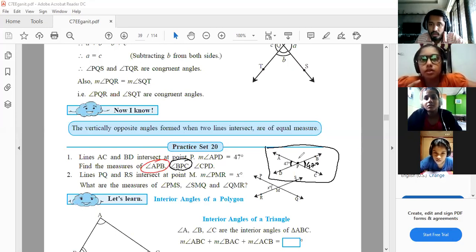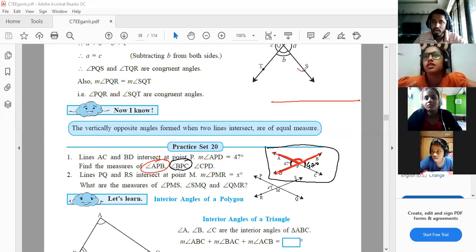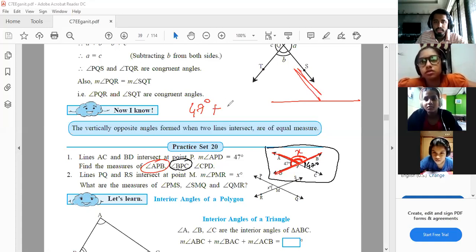We have to find APB also. Where is APB? Here. But APB is nothing but a linear pair. You see here, there is a straight line. A straight line measure is 180 degrees and a linear pair is formed. So if this is 47, we can find this one, because 47 plus, suppose I name this angle x, so 47 plus x is equal to 180 degrees. The linear pair measure is 180 degrees.